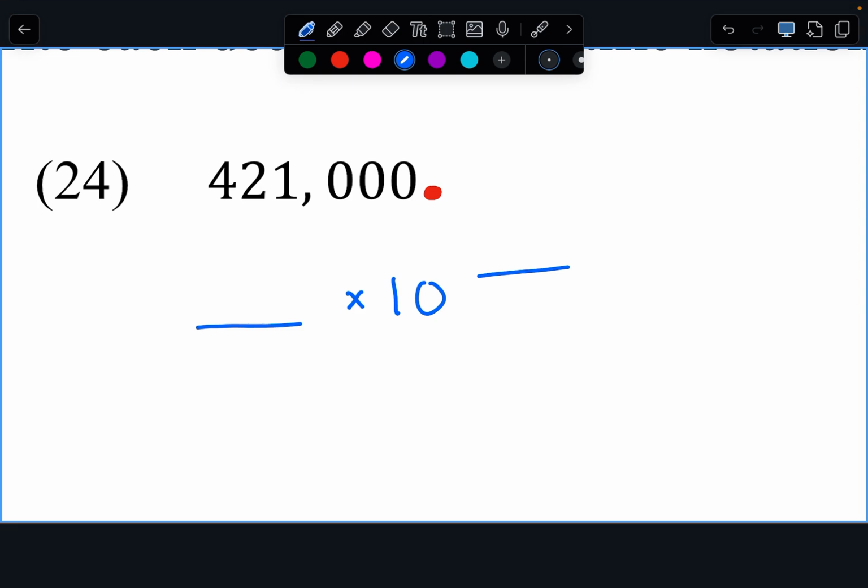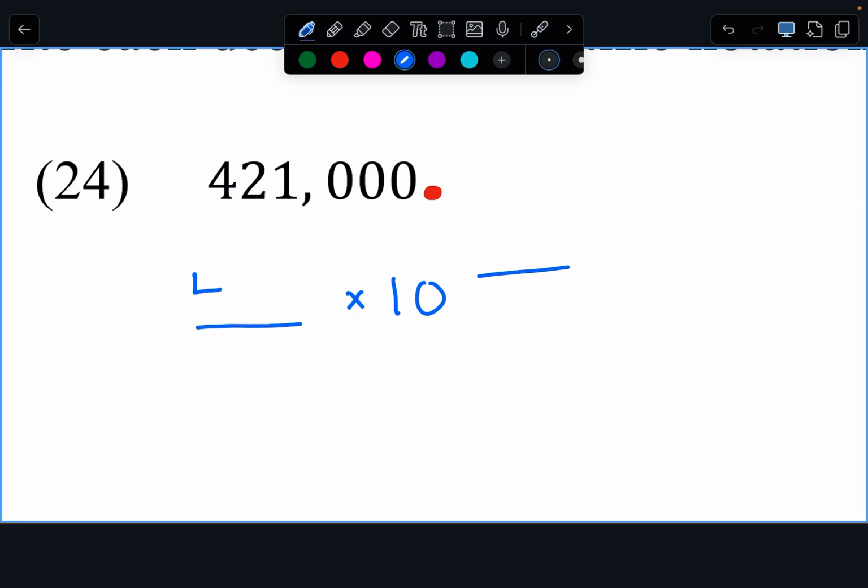Where would I put my decimal? Would it be there, or there, or there, or there? Which one of those would be the place where I'm putting the decimal to make it a number that is between 1 and 10? On the 4. Right. You'd want the decimal behind the 4.